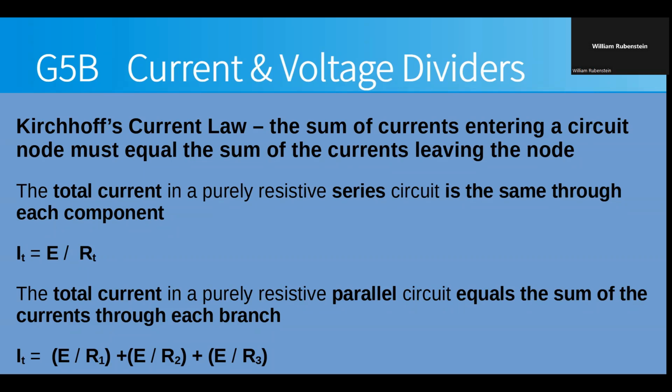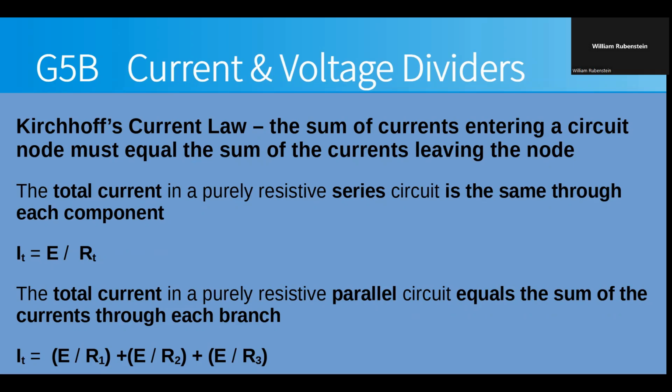Because if I've got inductors and capacitors in that series circuit, since they're frequency dependent, I can have currents and voltages that are out of phase through the component, so it won't look the same as the current entering the circuit. So they condition it by saying purely resistive.